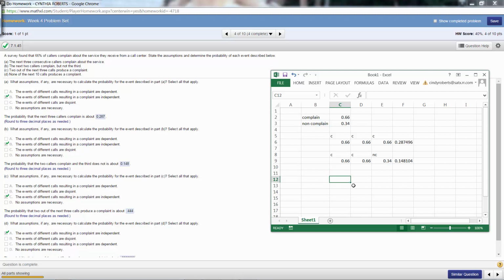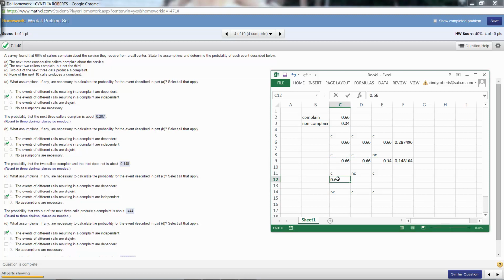The probability that 2 of the next 3 calls produce a complaint. Well, 2 of the next 3 calls producing a complaint, so 2 complained, is this. But it also could be the first one complained, the second one didn't, and then the third did. And then it could also be the first one did not complain, but then the last 2 complained. If you notice, these probabilities are going to be the same.